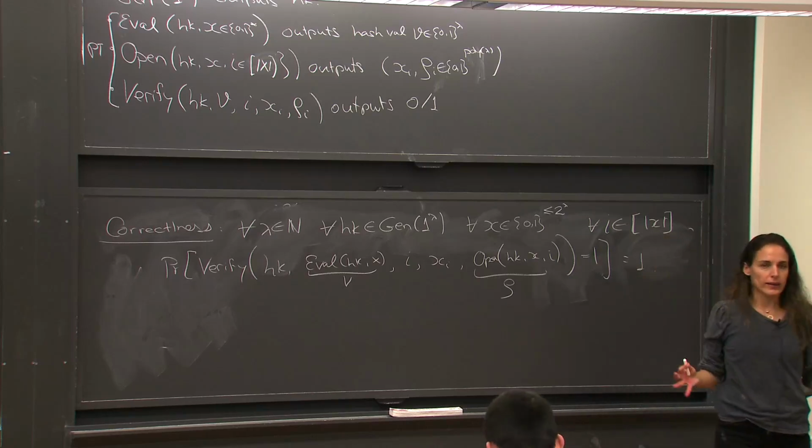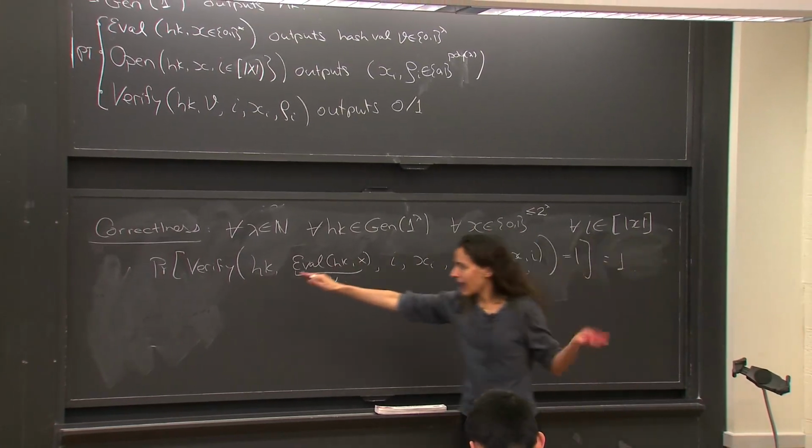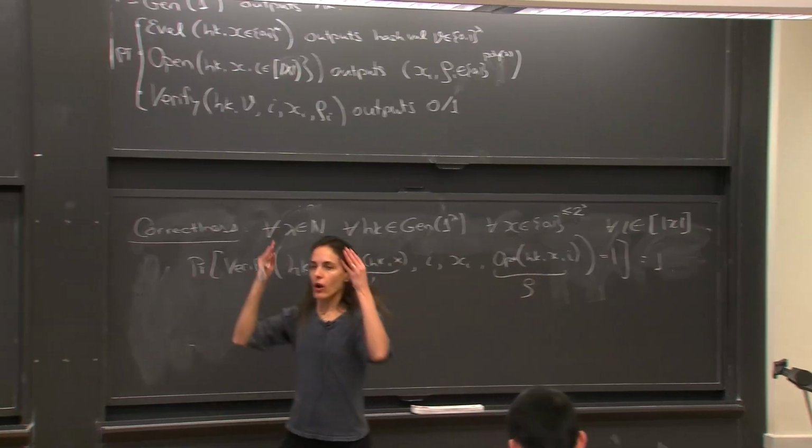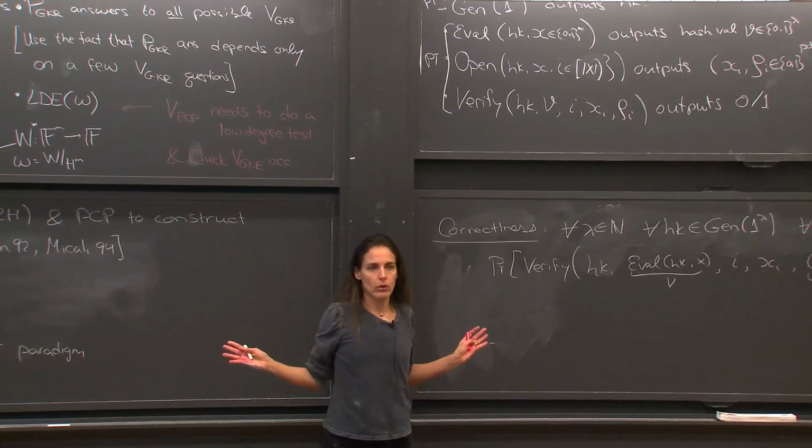So if you were honest, you take some input x, any hash key, and you give me a hash value, and then you open it, I'll accept you.